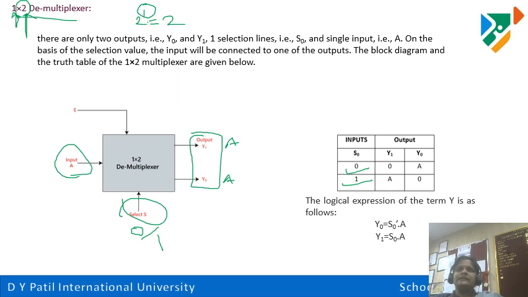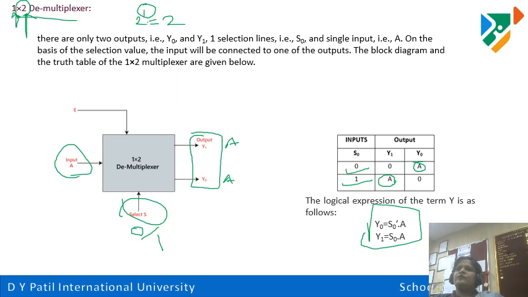When it is 0, Y0 gets the input as it is, and when it is 1, Y1 gets the input. So how do we write the equation? Every time you have to remember, equations are written for every output we have. There are two outputs, hence there will be two equations.